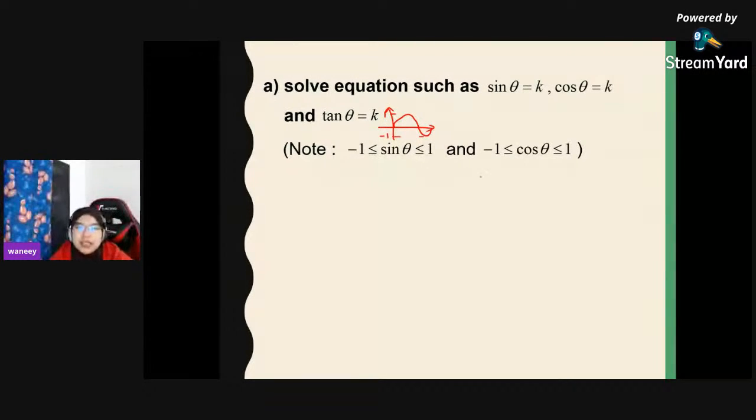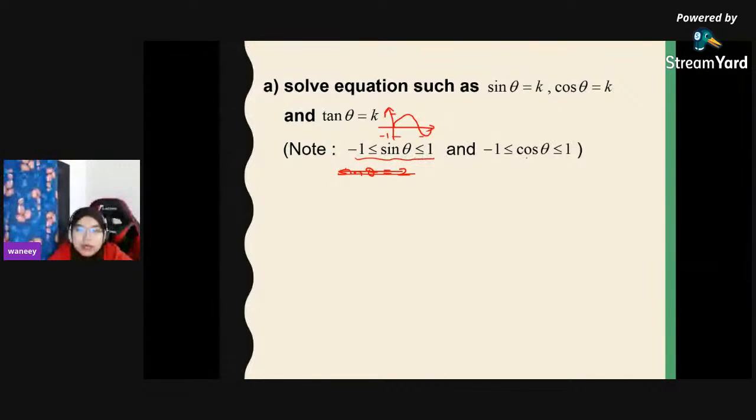So let's say you have sine theta equal to 2. You are not going to find the value of theta, because sine theta should be in between -1 and 1.